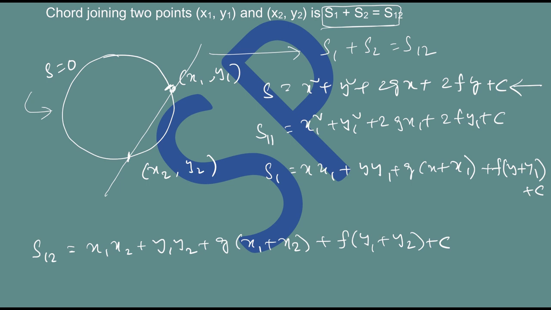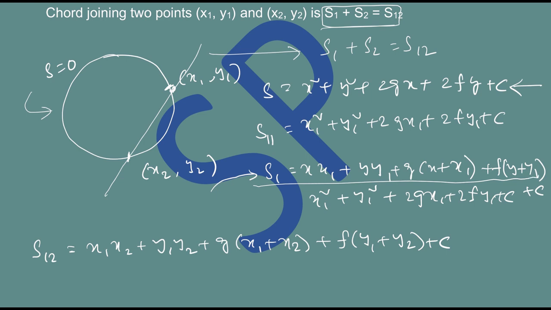I also want you to observe that in this one, if I substitute the point x1 comma y1, then this also becomes x1 square plus y1 square plus 2gx1 plus 2fy1 plus c. So this also transforms to S11 after substituting x1 y1.